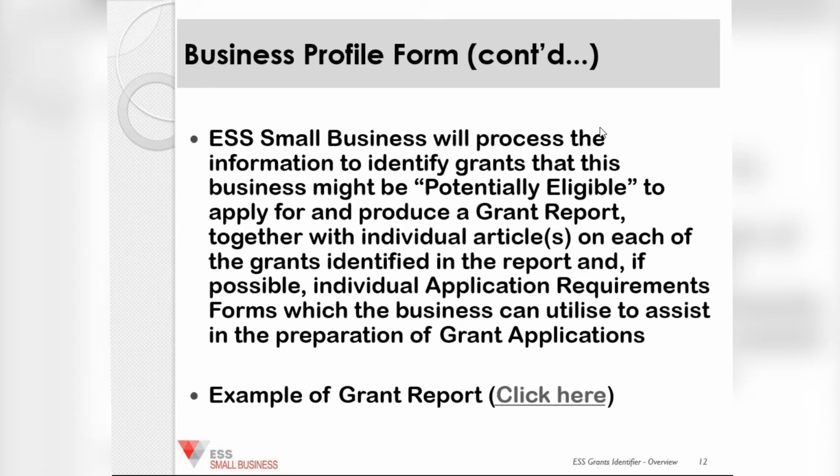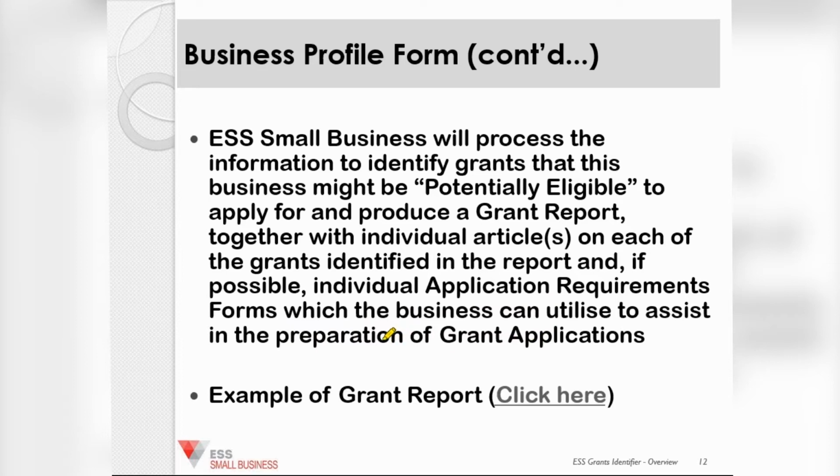ESS Small Business will process the information to identify grants that we believe that you are potentially eligible for, and will submit a grant report to you together with individual articles or papers on each of the grants identified in the report. And if possible, we will also send you the individual application requirement forms, which you can then utilize to assist in the preparation of the grant applications.